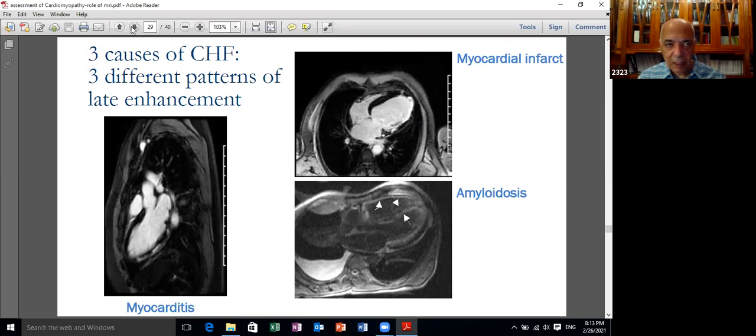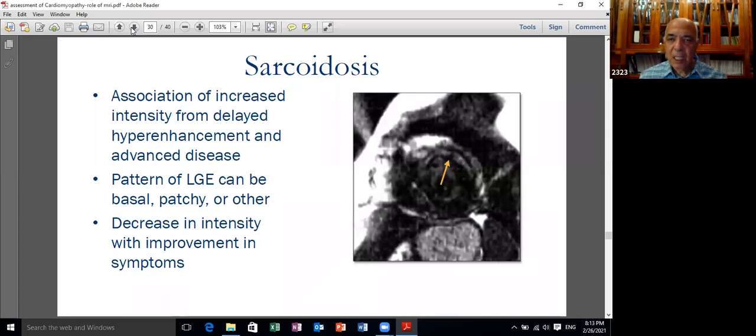So this is a little summary of what we just mentioned. Sarcoidosis as well as Chagas disease, obviously they are not so common in our country here, but abroad they are not rarely encountered. But the important things about sarcoidosis is that it is patchy and it is basal. So you get delayed gadolinium enhancement here in different areas, particularly near the base of the heart.